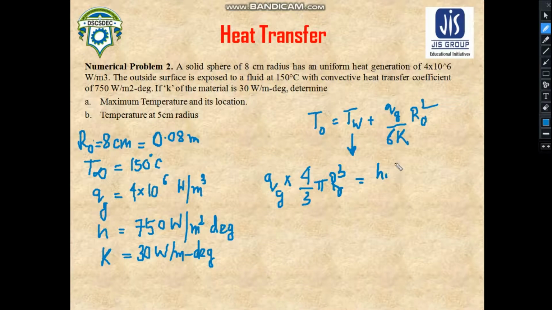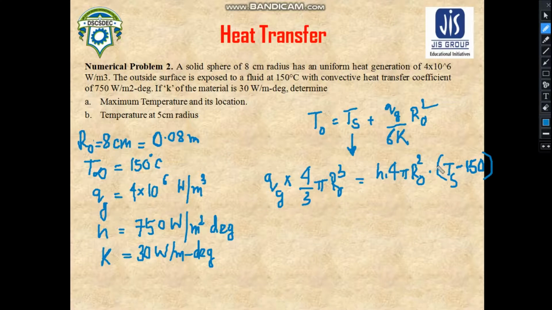So we can write H into 4 pi R0 square. I am directly writing the formula of area, mind it. And the heat transfer is taking place between the surface temperature Ts and the ambient temperature, which is 150. So I can just replace this Ta with 150.